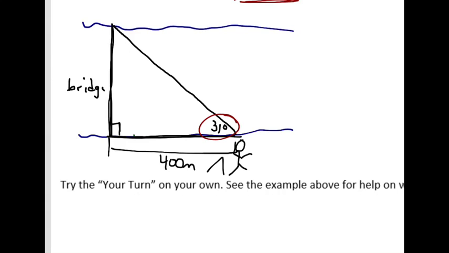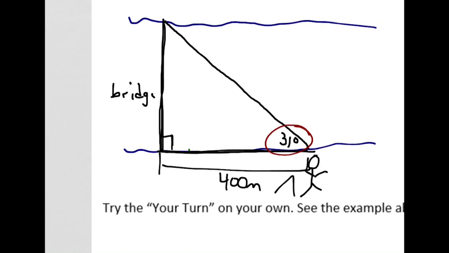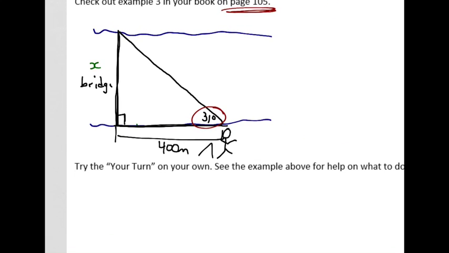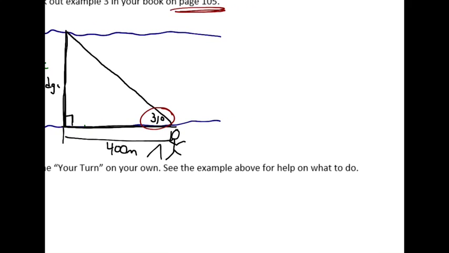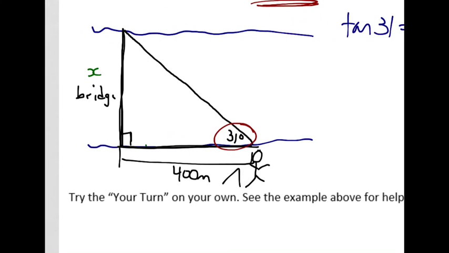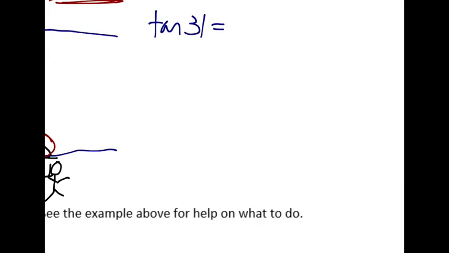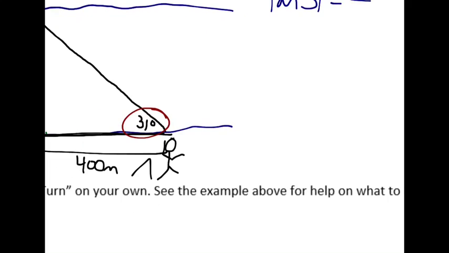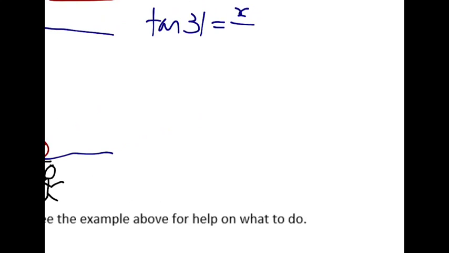So let's label the bridge length x for our unknown side length, and let's set up our tangent ratio and see if we can find that unknown side. So tan of 31 is equal to opposite over adjacent. So the side opposite is our unknown x over the adjacent side, which in this case is 400.